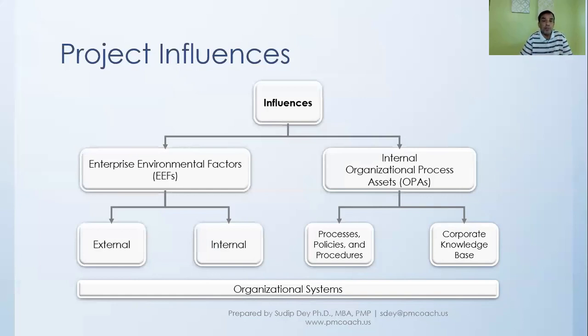And as a project manager, I need to be aware of these influences as I move through the project. In fact, when we go through each of the knowledge areas and look at the different processes, we'll find that these factors, environmental factors and organizational process assets, will come in again and again as inputs to many of these processes.